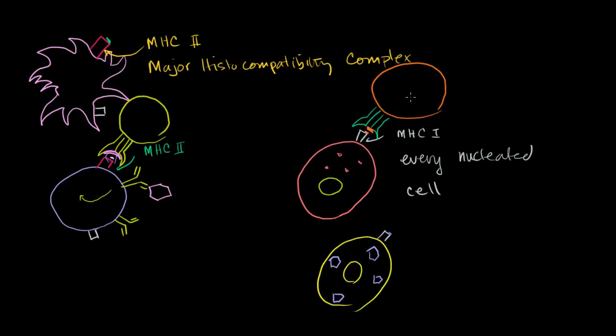So maybe this cytotoxic T cell will be involved when this cell goes cancerous. It won't bond to this one that was attracted to a virus. It's going to have to be another cytotoxic T cell that does that.